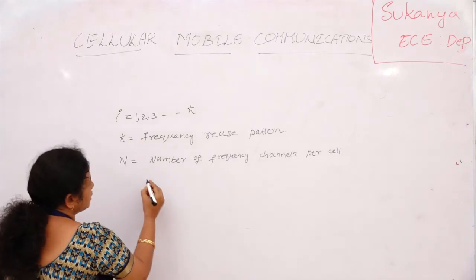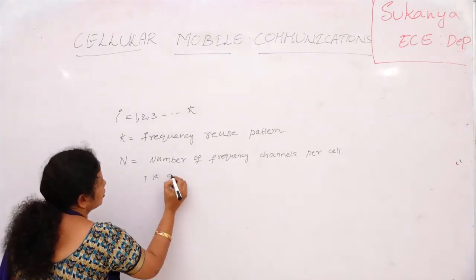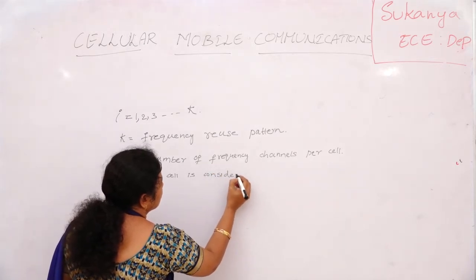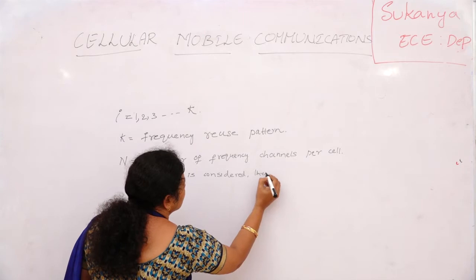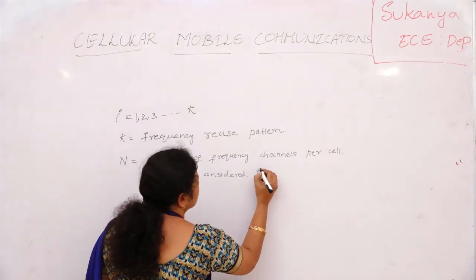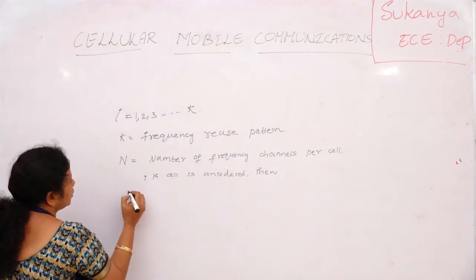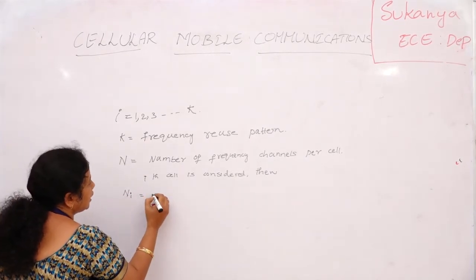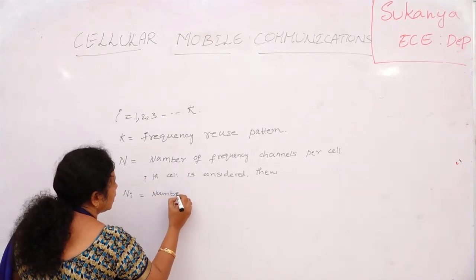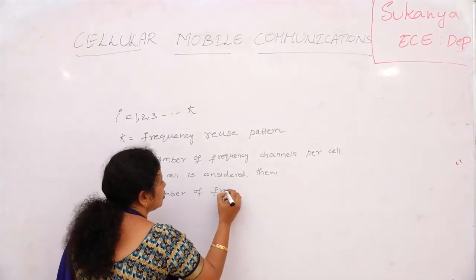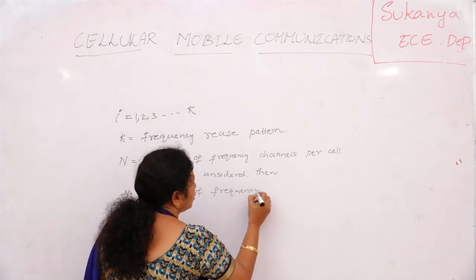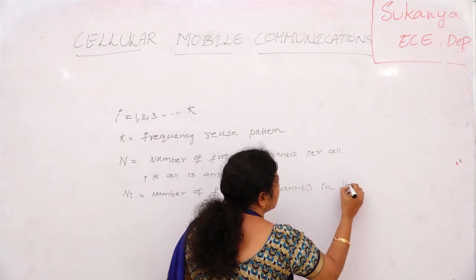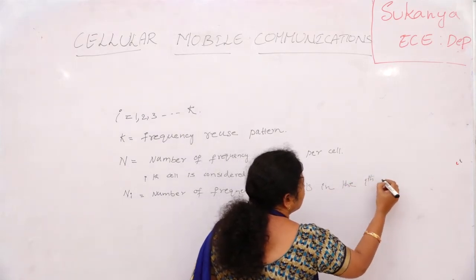For example, if the ith cell is considered, then the number of channels required in that particular cell is represented as Ni. So Ni is the indication for the number of frequency channels in the ith cell.